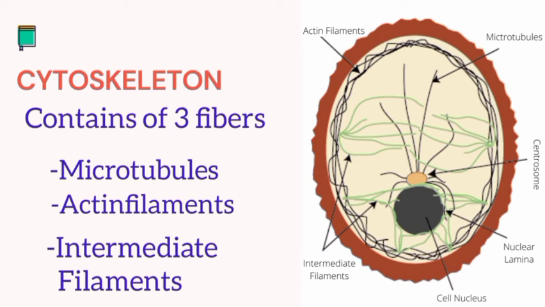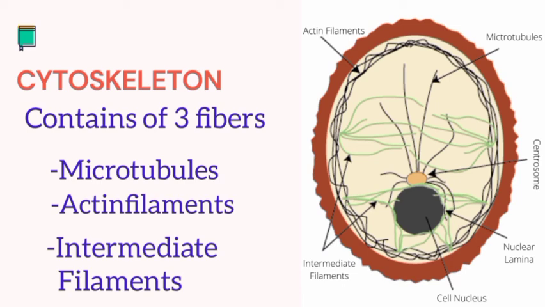Now, how can we identify them in the cell? The microtubules are the largest of the three fibers, the microfilaments are the smallest, and the intermediate filaments are somewhere between the microtubules and microfilaments. The microtubules are made up of proteins called tubulin, and the microfilaments are made up of proteins called actin.